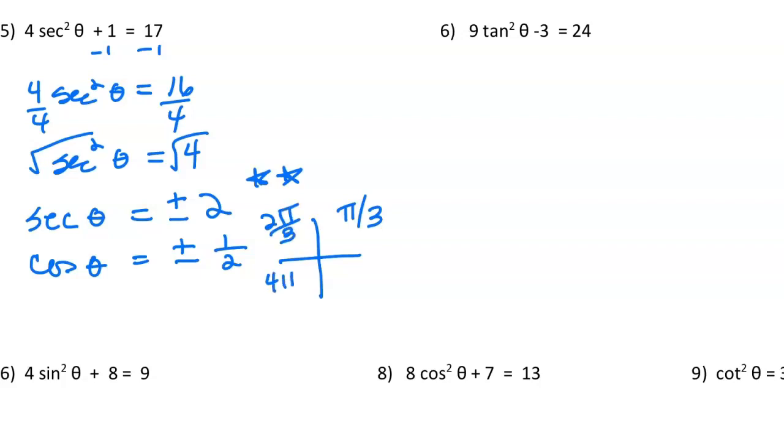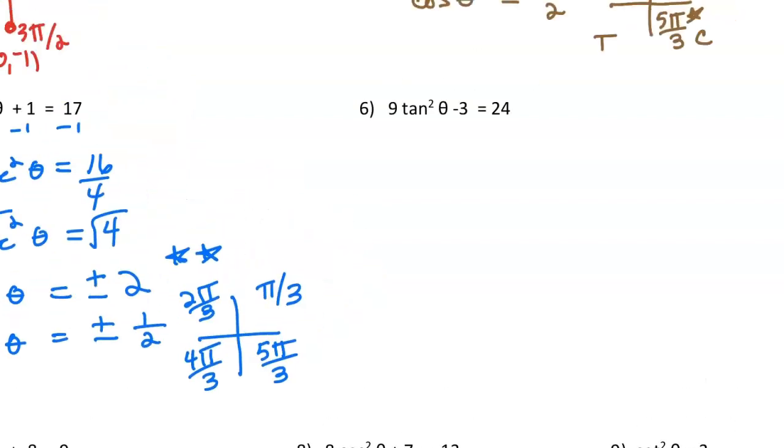Here's another negative for cosine, and here's the other positive for cosine. So notice all the denominators are 3, and you have 4 answers when you have a square root. Now, a word of caution, or just a word of understanding: when doing these factoring type things with trig functions, you can get anywhere from 0 to 4 answers. So just be aware of that.